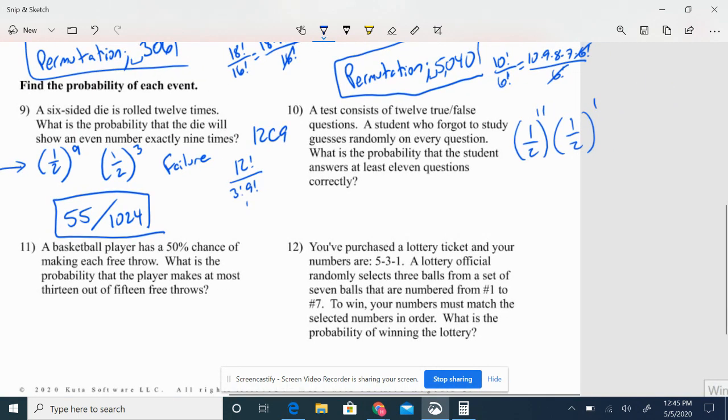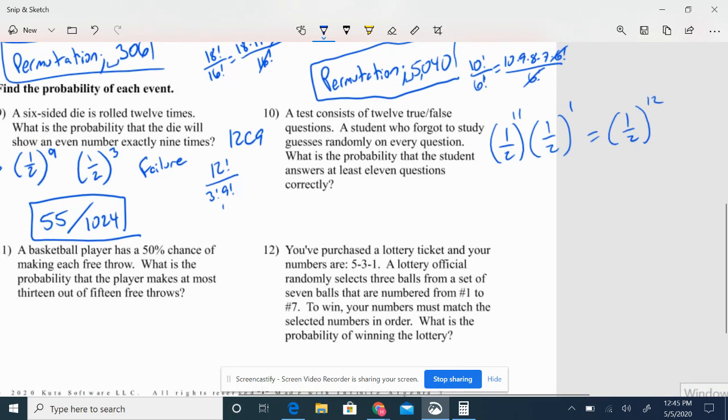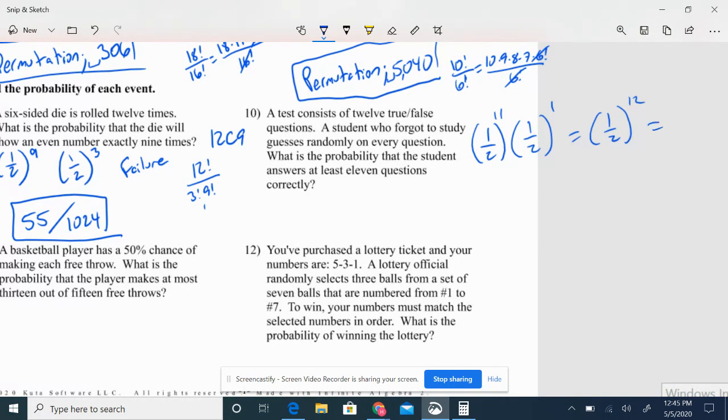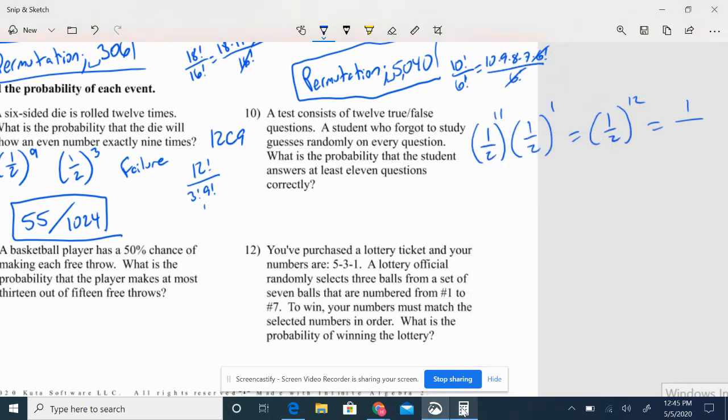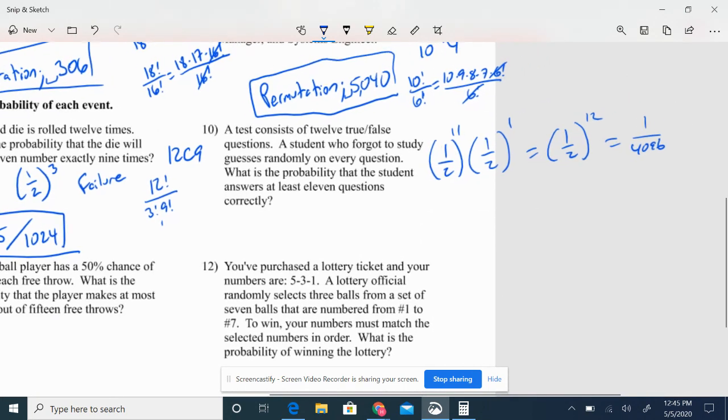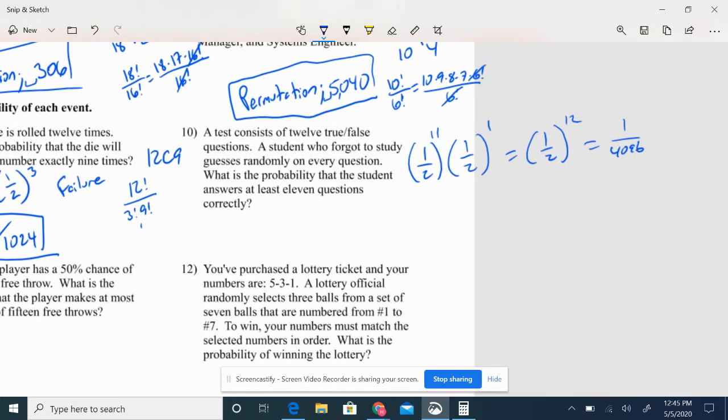But can I just call this 1/2 to the 12? Which is 1 over, I said 2 to the 12 was 4096.